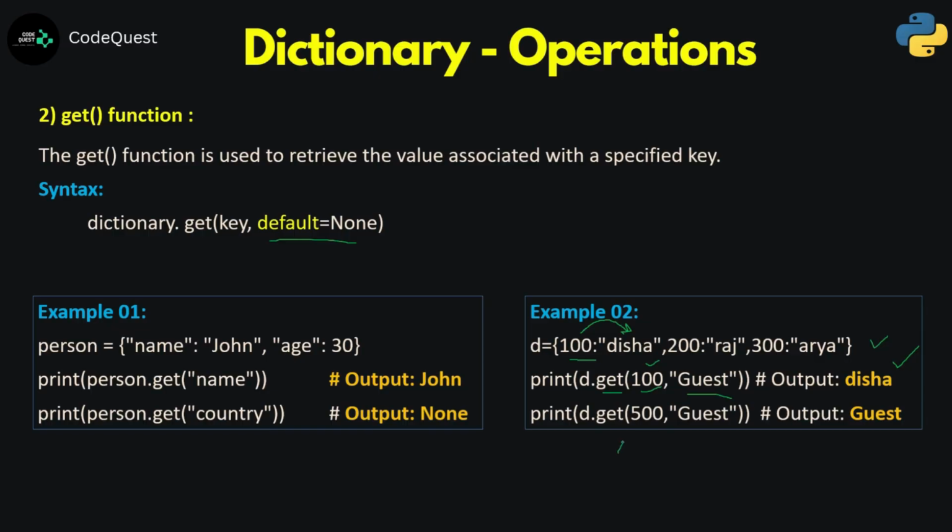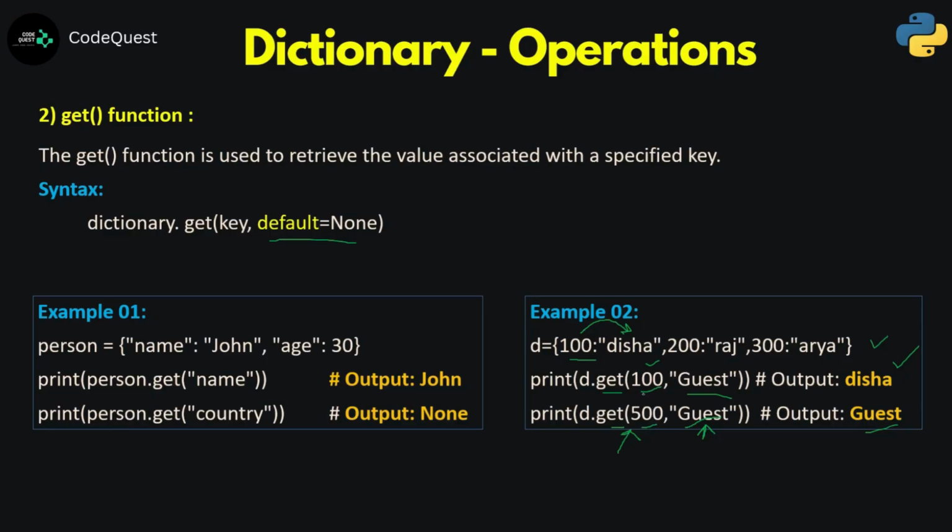Now let's see the second case where I am calling the get function once again, but this time we have given 500. We observe 500 is not available in this dictionary, and this default value that I have written here is what I am going to get as an output. So whenever you are using get, if you specify some default value, the default value will be displayed only when that key does not exist in the dictionary.